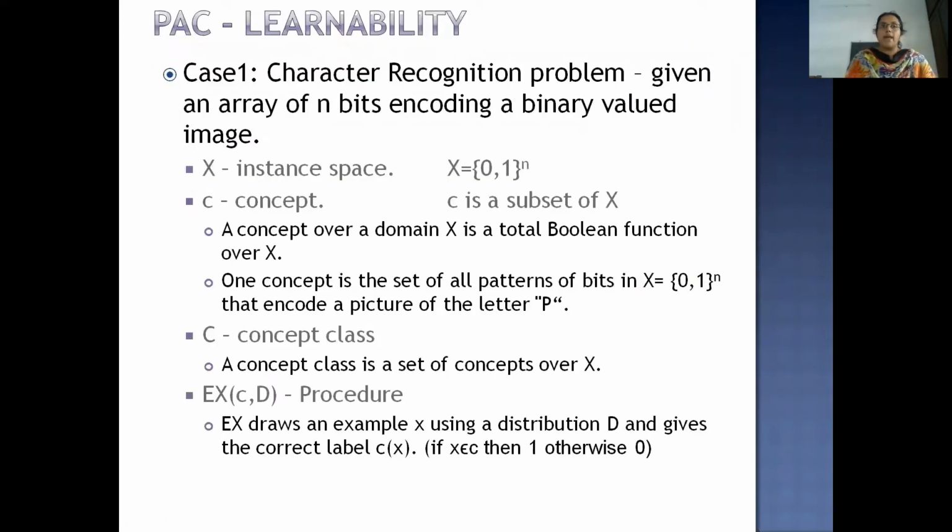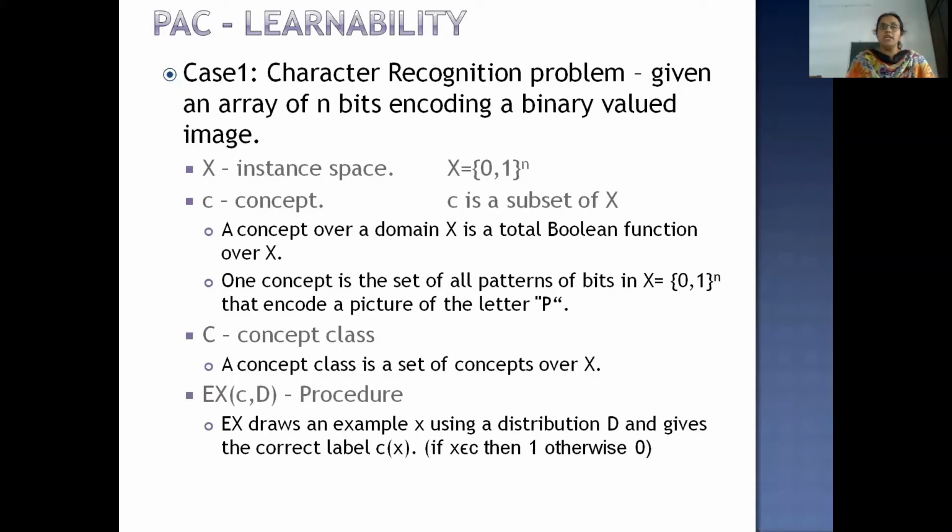Now, PAC learnability. First, consider a character recognition problem, given an array of n bits encoding a binary valued image. What is X?